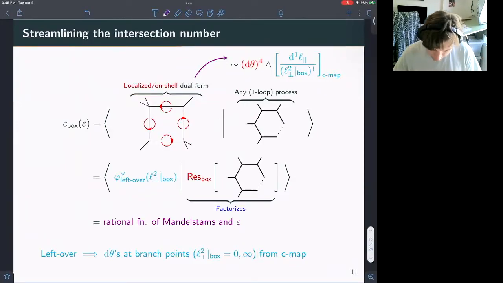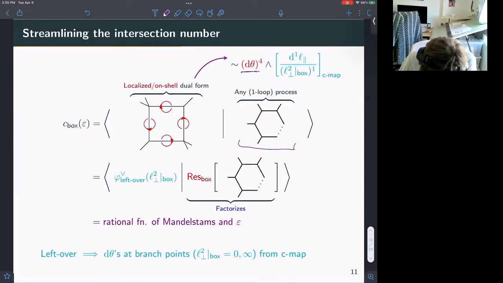But so essentially, now if I want to extract the box coefficient in this language, I can just take any Feynman integral, put it on the right hand side here, and then I put in this box dual form, which again has these 4 d thetas localizing to the quad cut, and then it's got this leftover piece, which will contain some additional d thetas localizing onto where the branch cuts are.